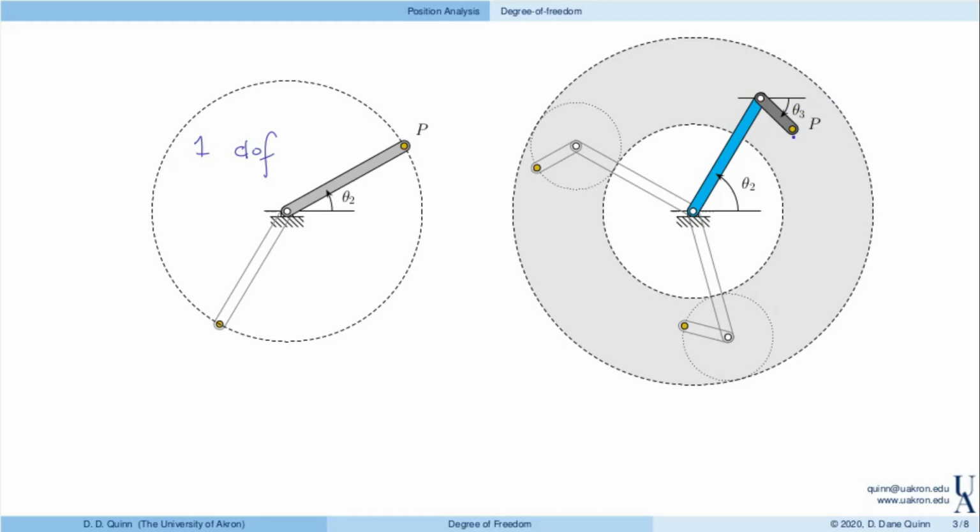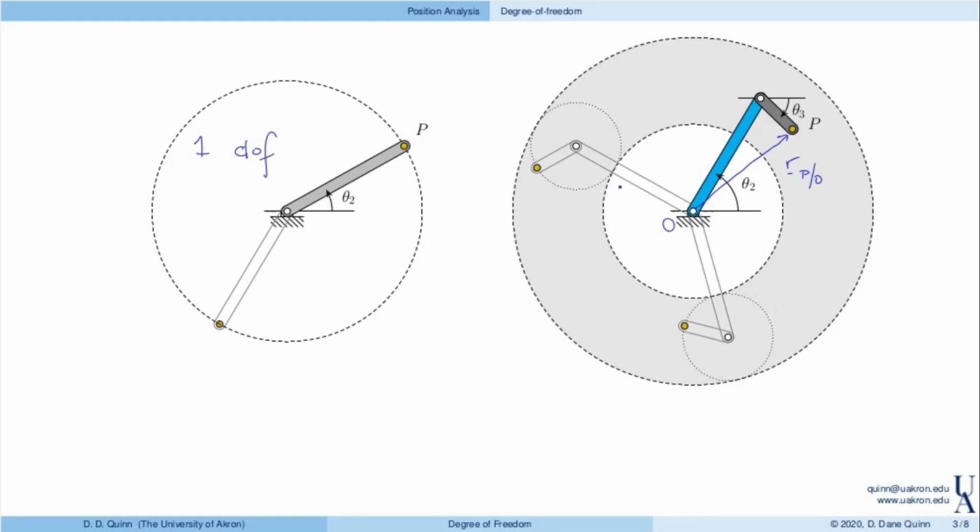So now in the light gray region here, this is all of the potential locations of the end of this second link. Here, again, P. So if I were to describe the vector from, say, O, the origin, to P, and I'll describe that as P with respect to O, then this point can be anywhere in this light gray region.